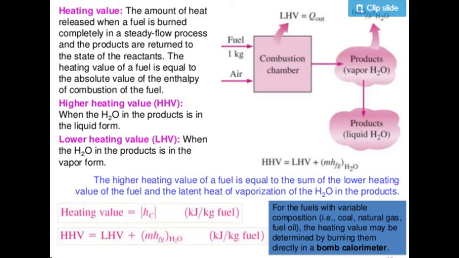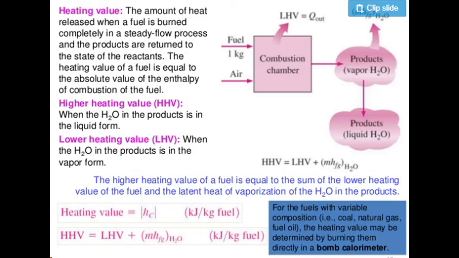Okay, so here we can define the heating value as higher heating value and lower heating value. What is the difference? I have already told you the difference between flue gas analysis and Orsat analysis. In Orsat analysis the water is not considered in the composition, whereas in flue gas analysis we consider the water vapor. So when the product water is in the vapor phase, in gaseous form, it is called lower heating value.